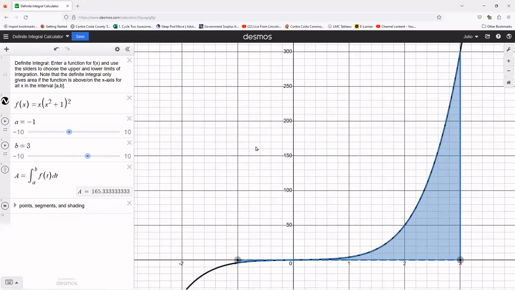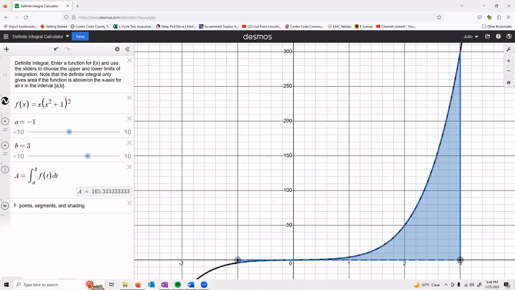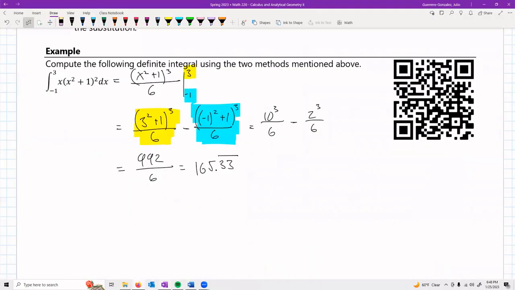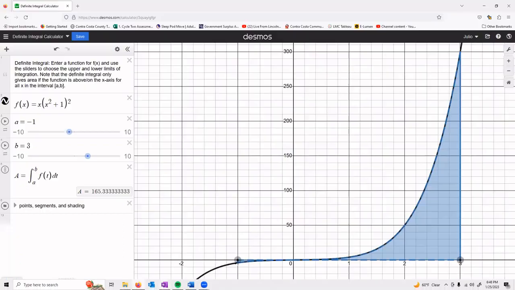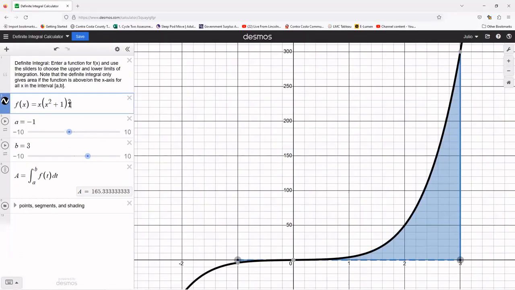So the idea here was to find the integral. Let me go back to the notes. From -1 to 3 of x times x squared plus 1 quantity squared. And our answer ended up being this right here, 165.33. So if you go to the Desmos calculator, go ahead and change the function, just change this f of x equal, and this thing will compute it for you.